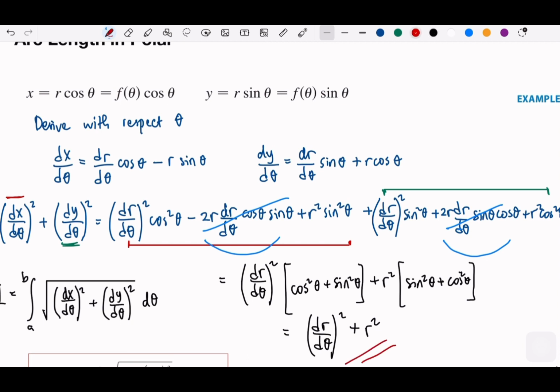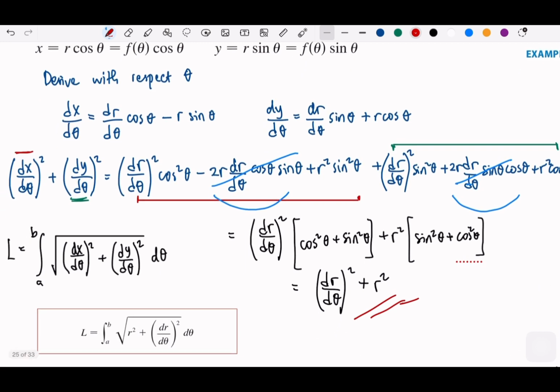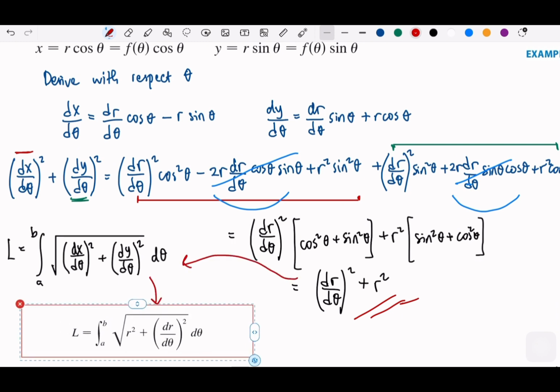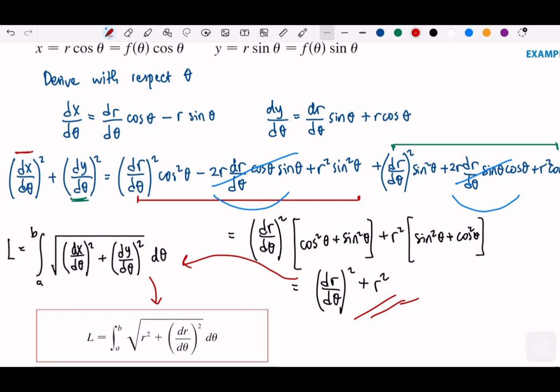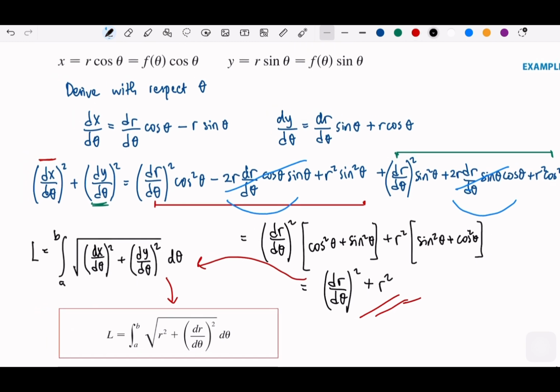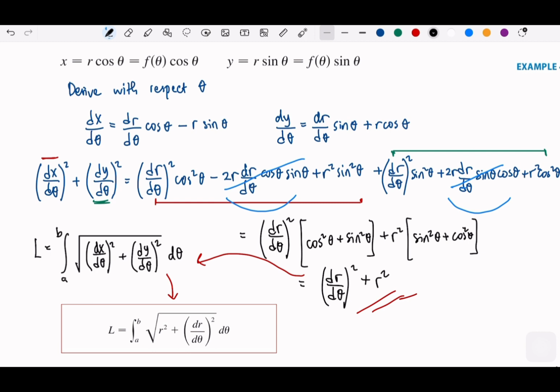So for polar, we could just write the dr over d theta squared plus r squared. Okay, so we can substitute this to here, which results in this one. So it's quite straightforward for the formula itself.